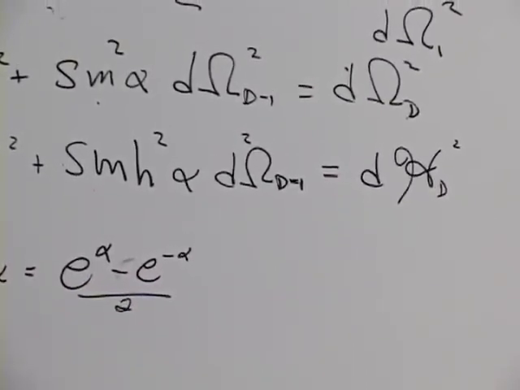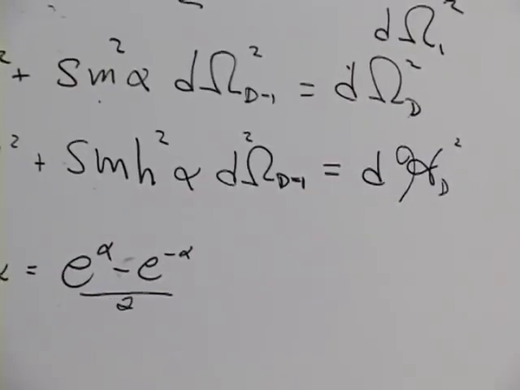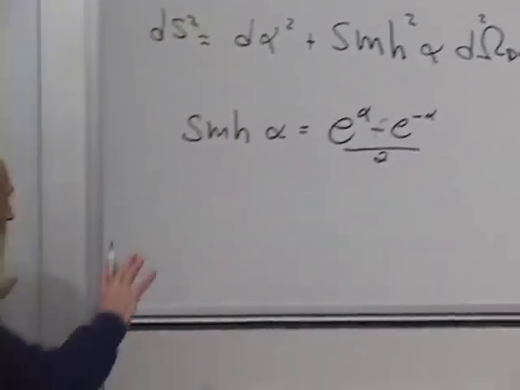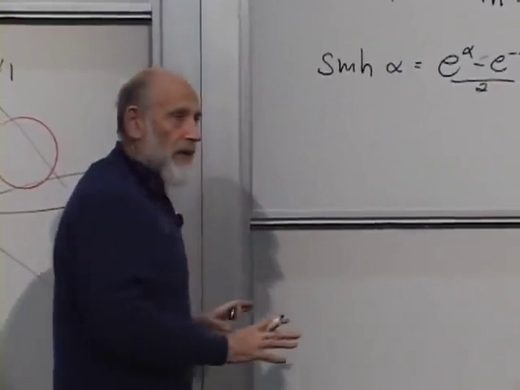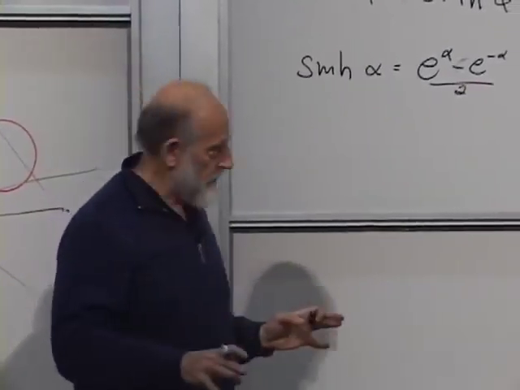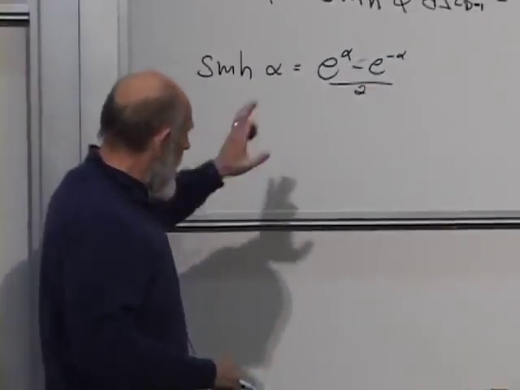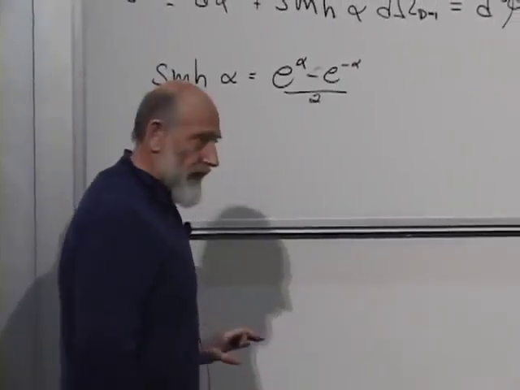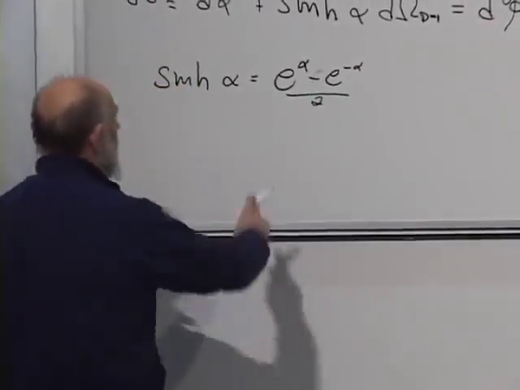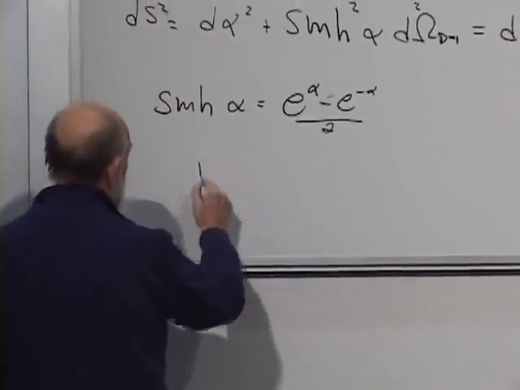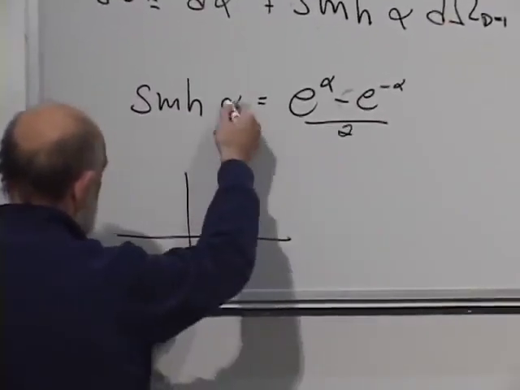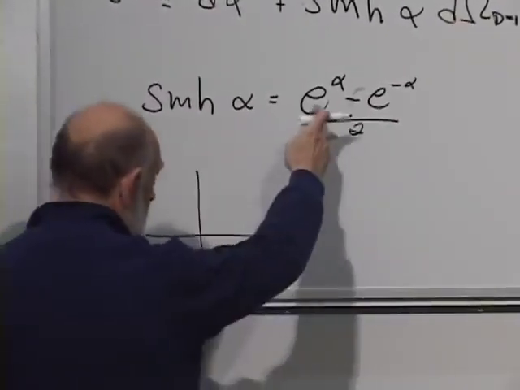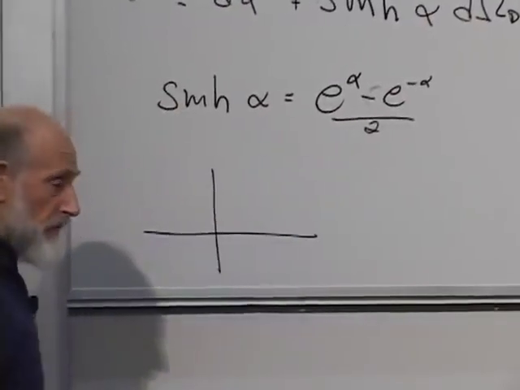All right, I'll tell you what's going on here. I'll explain what's going on in a moment. But let me just tell you the mathematical facts, and then we'll think about what they mean. Okay. Alpha goes from 0 to infinity. When alpha is 0, the hyperbolic sine is 0, so is the ordinary sine. These two cancel for alpha equals 0.